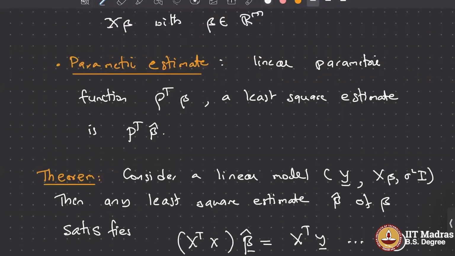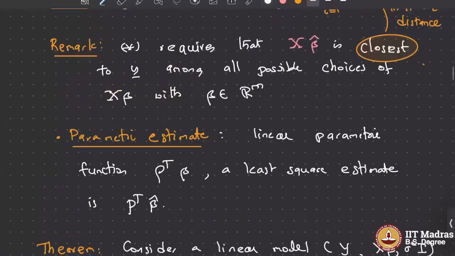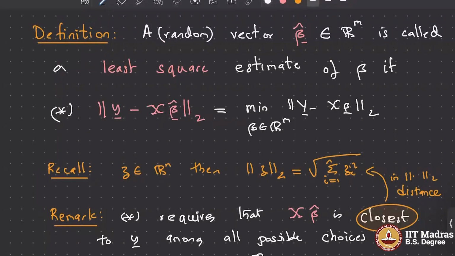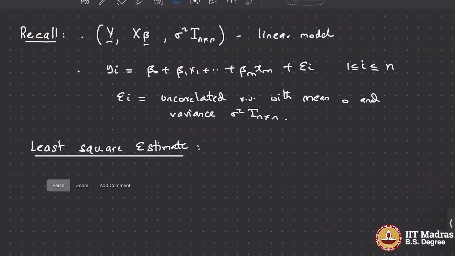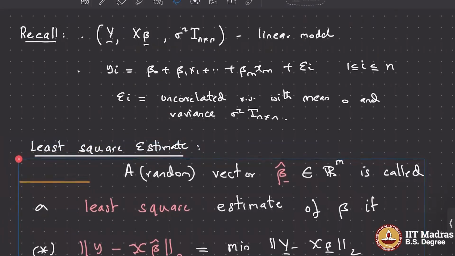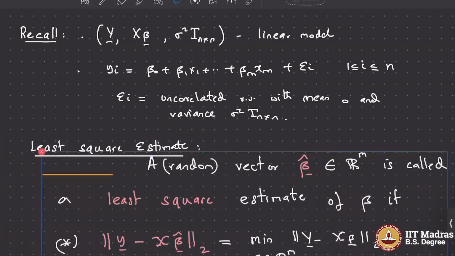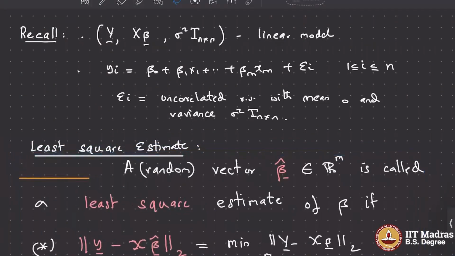We considered this model, and then we said this was the least squares estimate. A random vector beta hat is called a least squares estimate if it minimizes this.